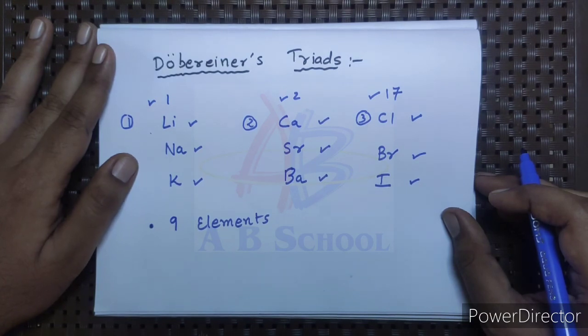But for that, remember, you need to make use of atomic mass. Try to check any 2 such groups randomly from the modern periodic table and see whether they follow the Döbereiner triad rule or not.